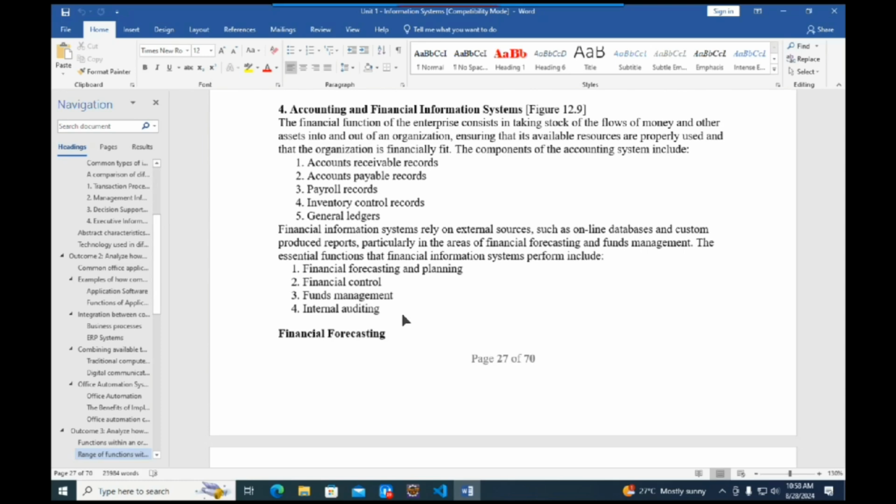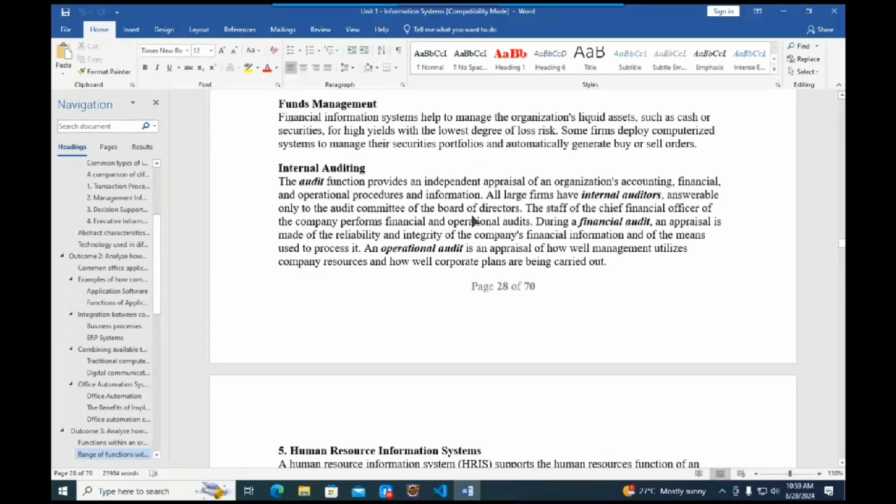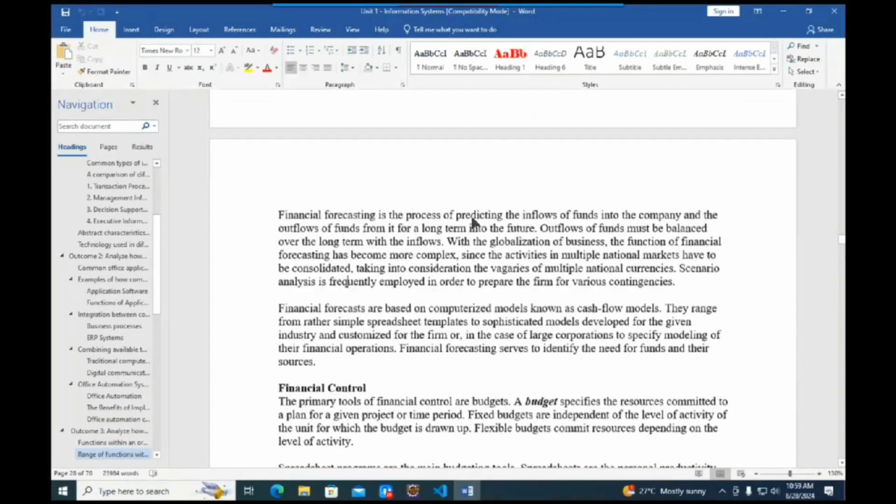So these financial information systems perform very important functions, which include: number 1, financial forecasting and planning; number 2, financial control; number 3, funds management; number 4, internal auditing, which is also taken care of.